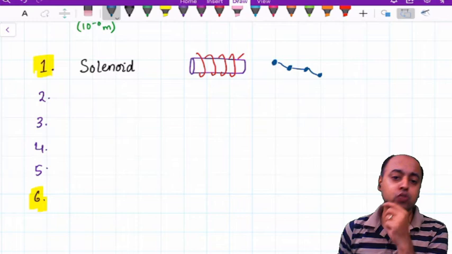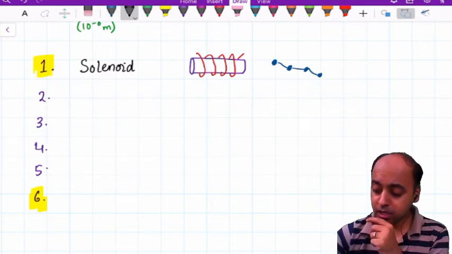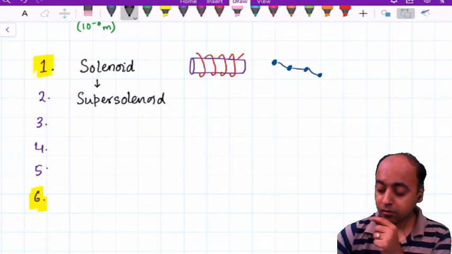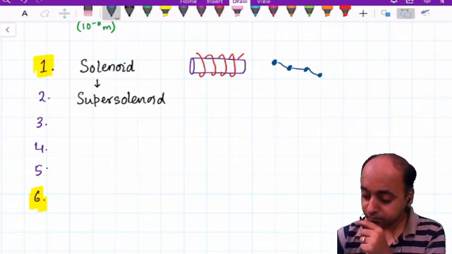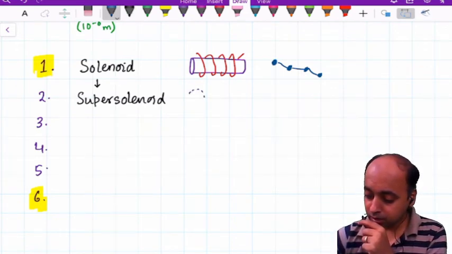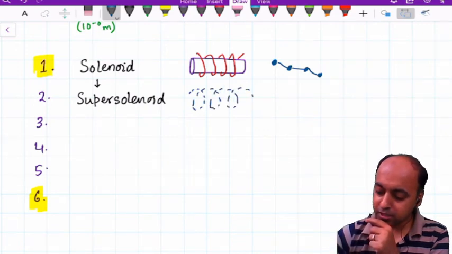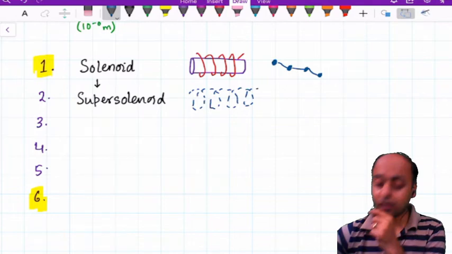These solenoidal structures rearrange as a solenoid. The solenoid arranging as a solenoid, we call it the super solenoid. So what happens? They arrange again as a solenoid. However, this time there is nothing in the core. What happens?